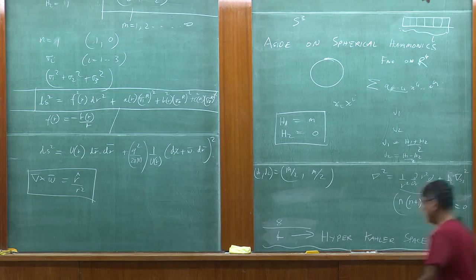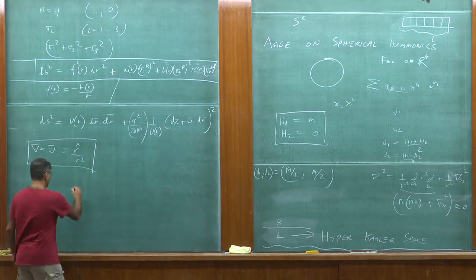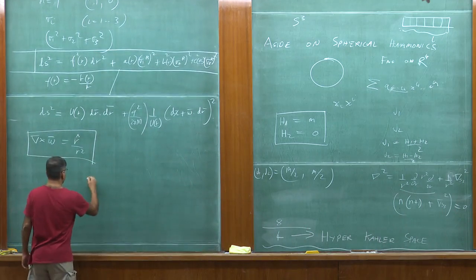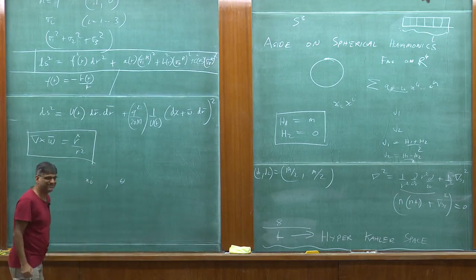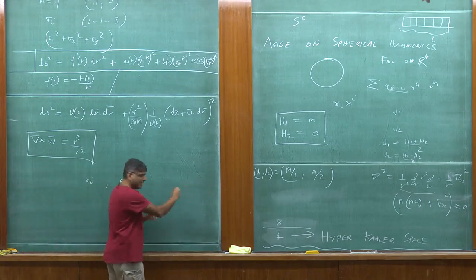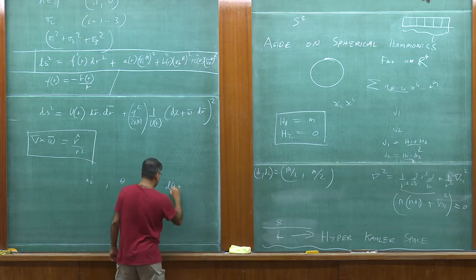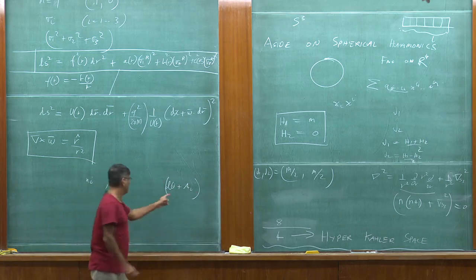When we look at Kaluza-Klein theory, we look at a space where there are some xi coordinates and let's say a theta coordinate. Then we write down a general metric but with d theta plus ai, the whole thing square.